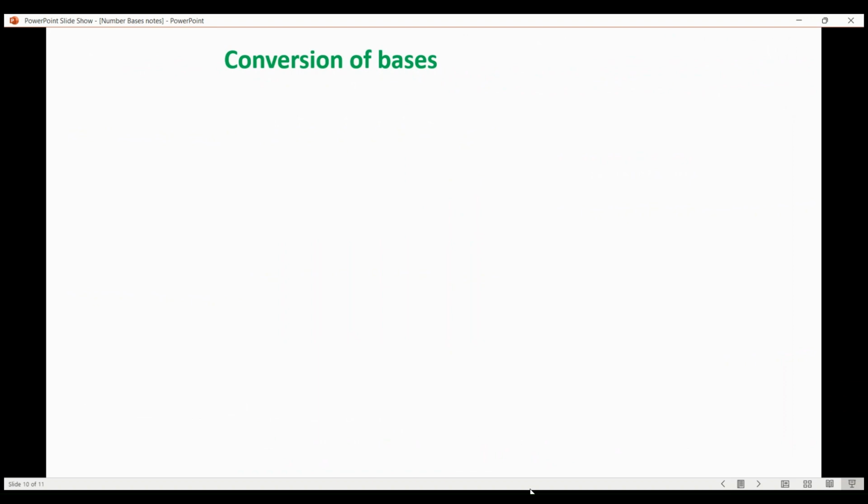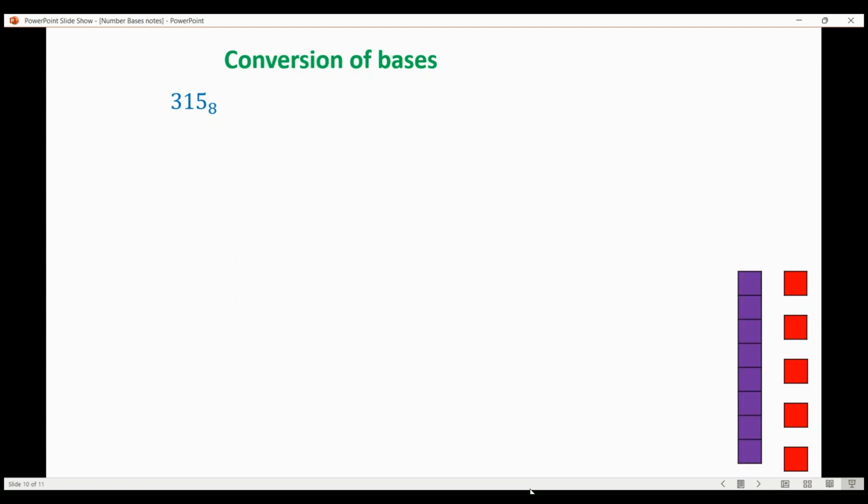And let's look at a conversion of pieces, just to remind you of those. So imagine we have 3 1 5 in base 8. That can be represented as 5 units, 1 2 3 4 5, and we're considering base 8. So that's 5 units, and then one group of 8. So we can bring that up.